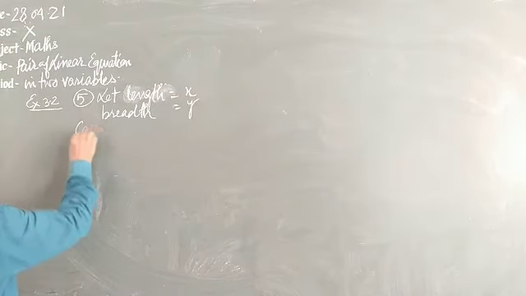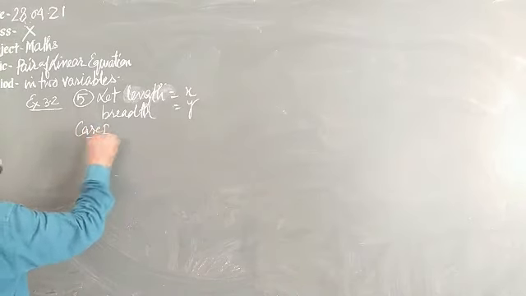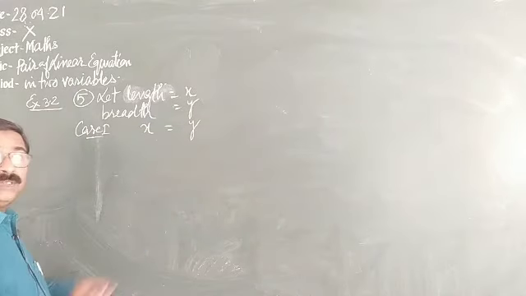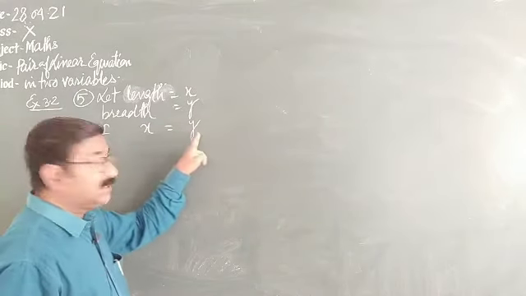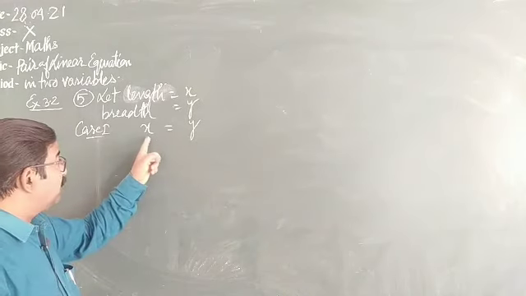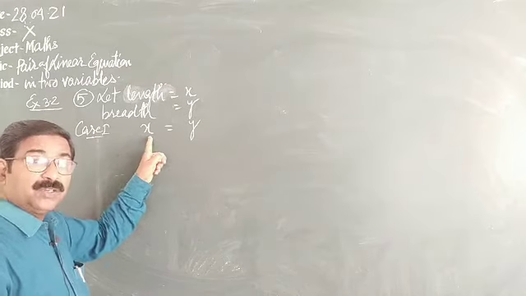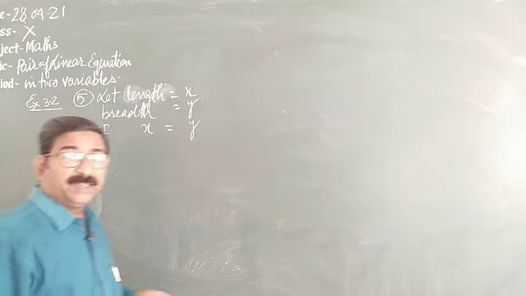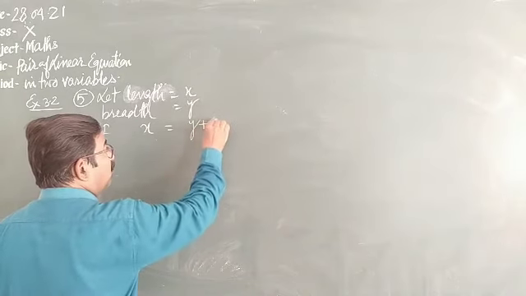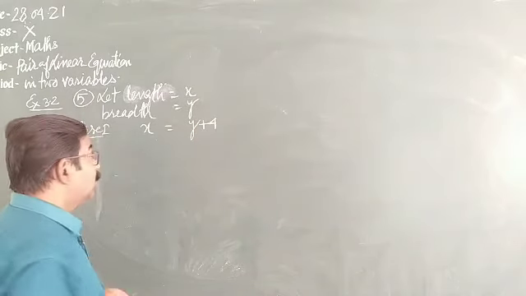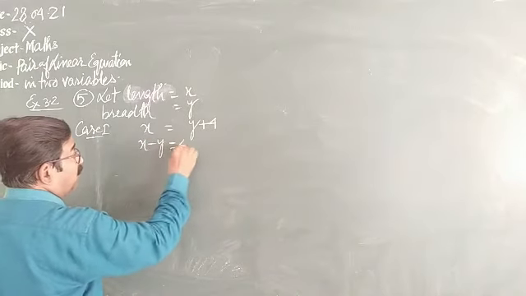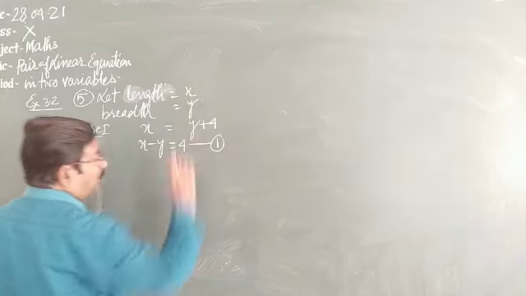So in the first case, this is x and y, this one is length and this one is breadth. Which is more? Length is more. By how much? 4 meters. To make them equal, what to do? Add 4 meters to breadth to make them equal. So we have x minus y is equal to 4. Equation number 1.